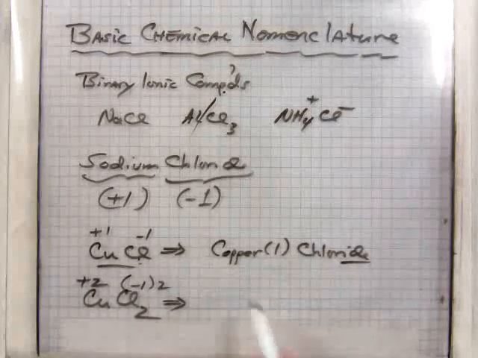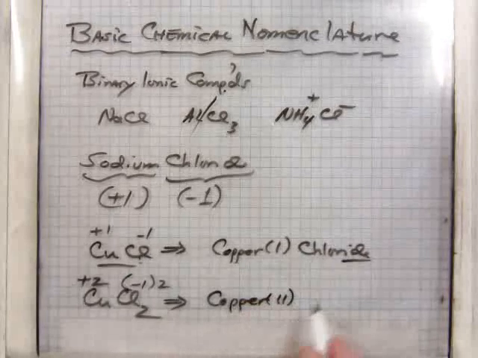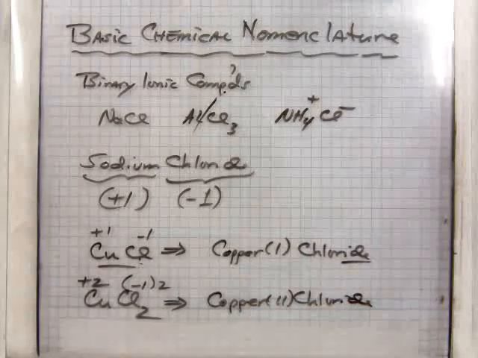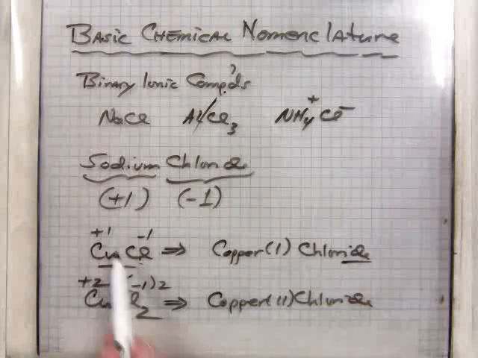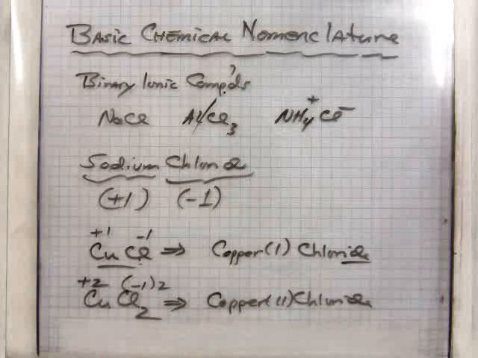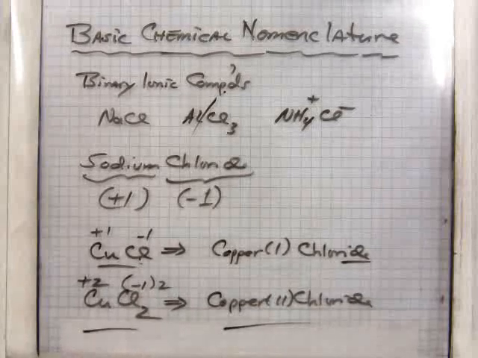Here, you put copper(II) chloride, regardless of whether there are 2 of them or not. But in order to define the difference between the 2 ions, you have to put in parentheses what their oxidation state is. Now, you ask, how do I tell what the oxidation states are?